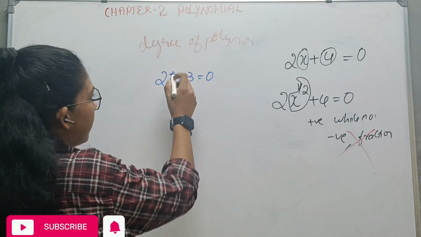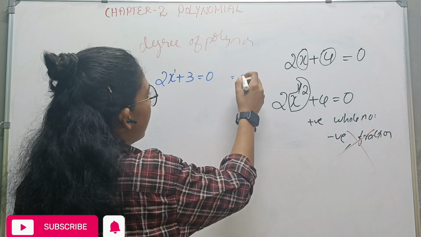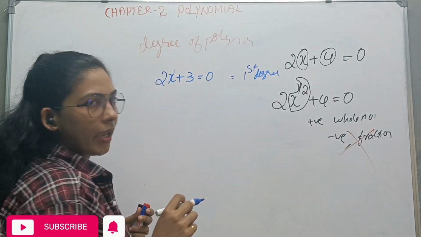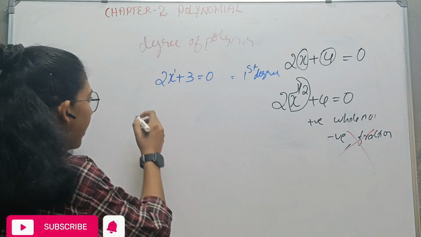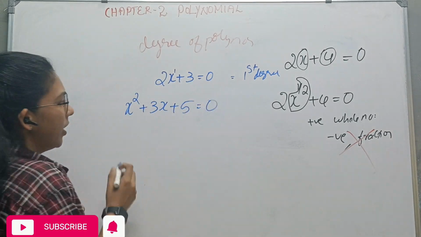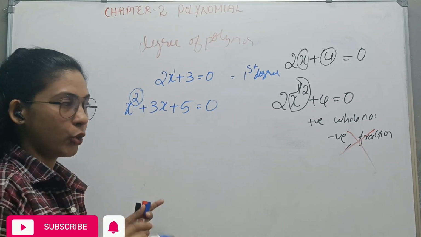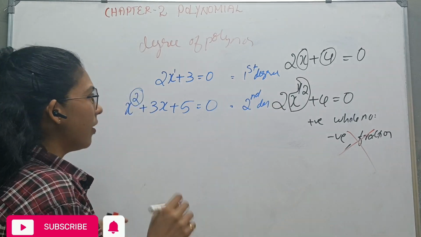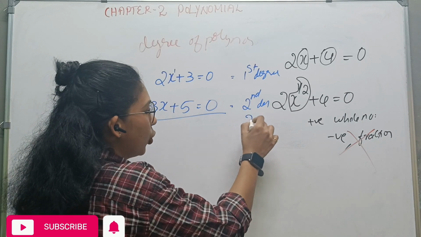For this case, the power of the variable is 1, so we can say that this is a first degree polynomial, or a polynomial with degree 1. In this case, the highest power of the variable is 2, and we can say that this is a second degree polynomial, or the degree of this polynomial is 2.